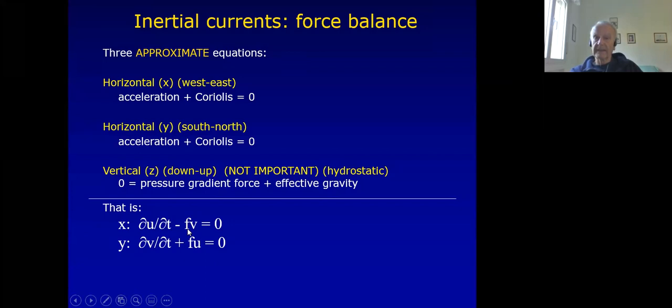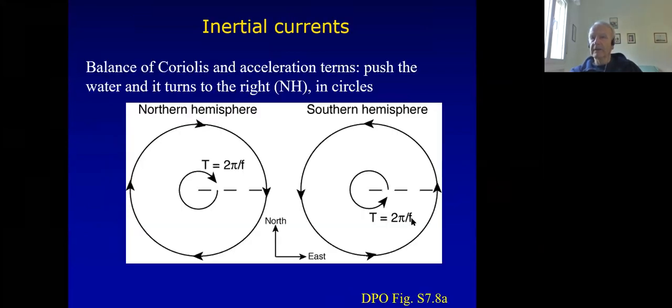We obtain the period of this solution, and the period is, as I told you before, 2 pi over f, where f is the Coriolis parameter.